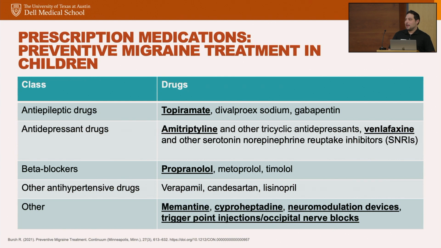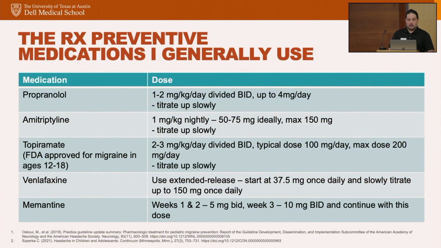We can use anti-epileptic drugs, such as topiramate, antidepressants, such as amitriptyline, venlafaxine, beta blockers, such as propranolol, other antihypertensives, such as verapamil, other classes, such as memantine, cyproheptadine, neuromodulation devices, trigger point injections, nerve blocks, and Botox. So here's a list of the common medications that I generally prescribe and use.